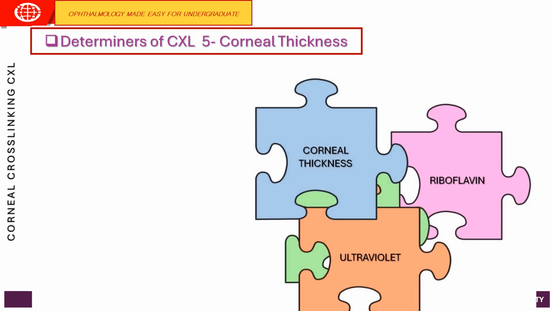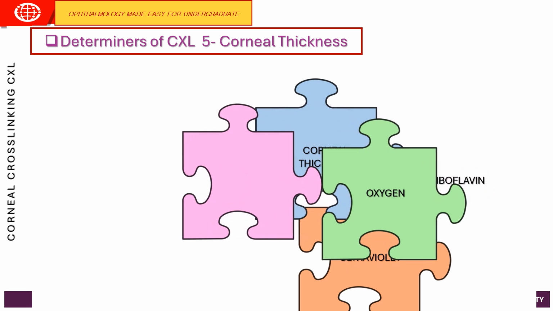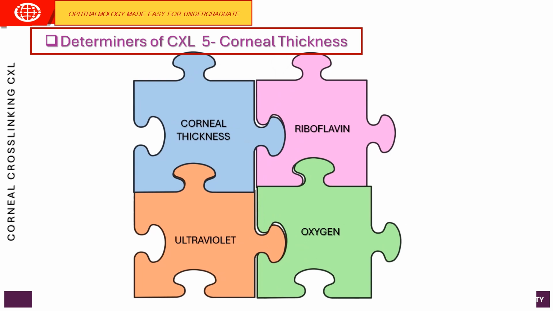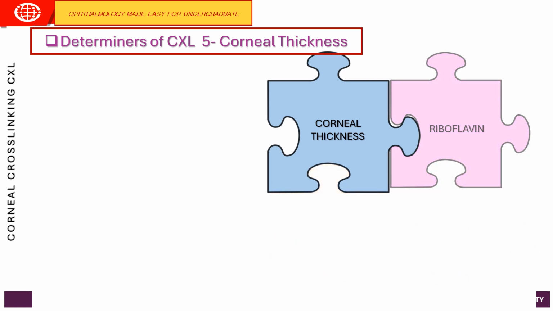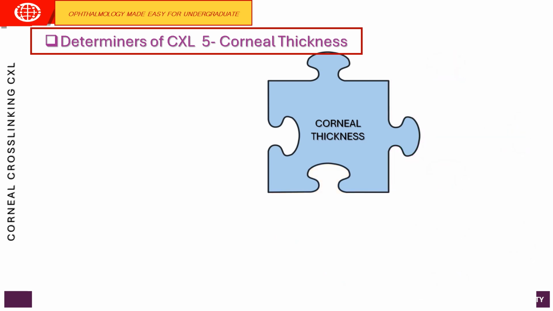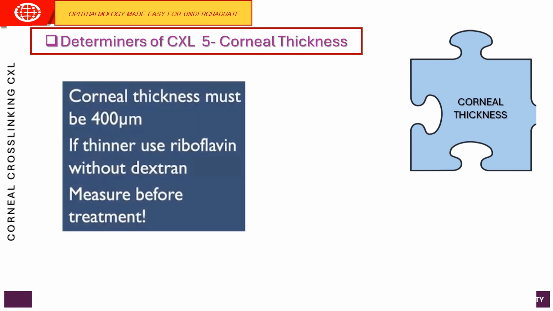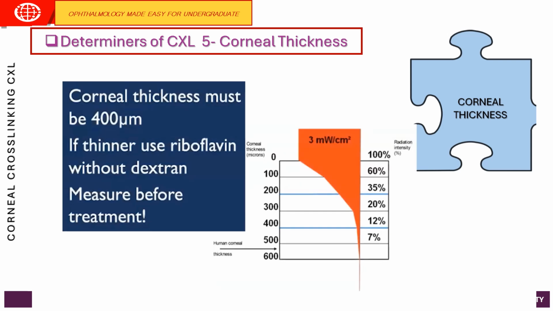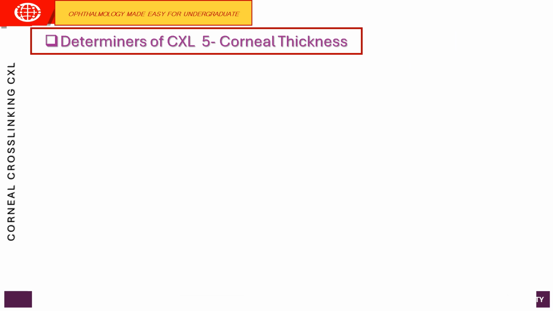Now we come to an important determinant of successful cross-linking, which is the corneal thickness. The corneal thickness is important in many aspects, as far as the concentration of the riboflavin, and also for the protection of the corneal endothelium, because if you don't have sufficient stromal thickness, this will endanger the endothelium with the ultraviolet energy, and this will end up with corneal decompensation.